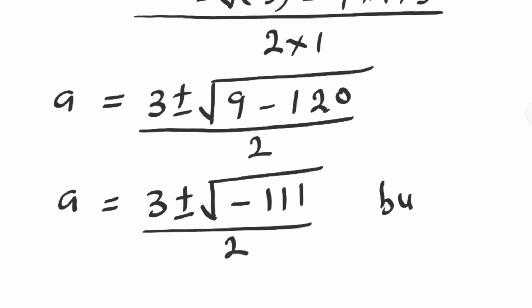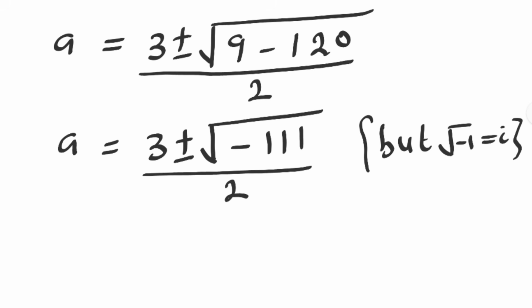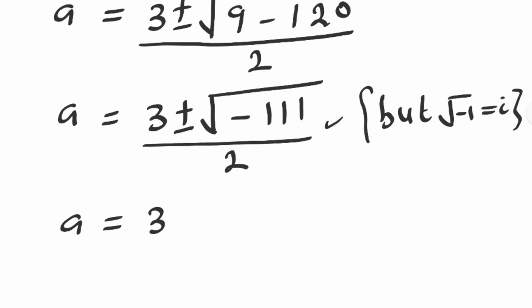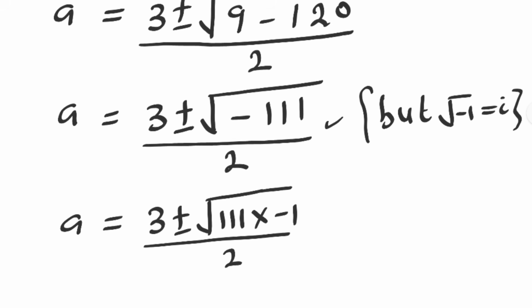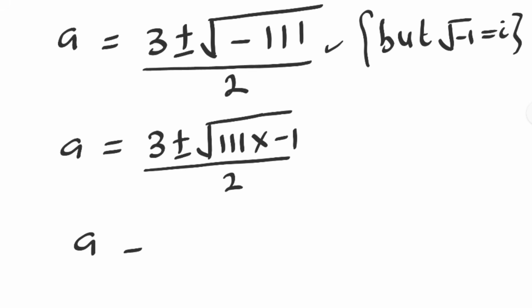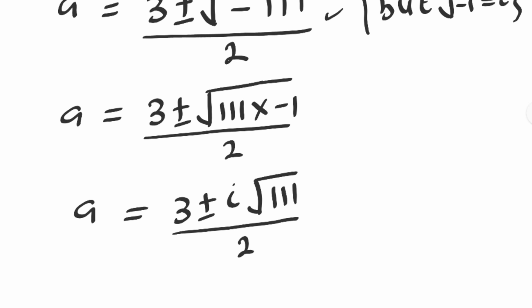But square root of minus 1 is equal to i, and the whole of this can be written as a is equal to 3 plus or minus square root of 111 multiplied by minus 1 over 2. a is equal to 3 plus or minus i square root of 111 over 2.